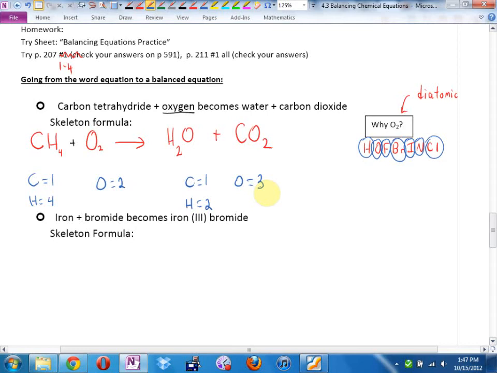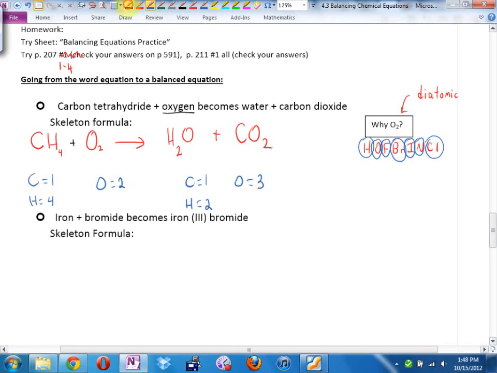Which one, hydrogen or oxygen, am I going to want to start with? Well, according to the textbook, they suggest if you notice that one of your elements appears in more than one compound, leave it for later because balancing the other stuff might just take care of it. So let's try balancing hydrogen first. How many hydrogens are on the left-hand side right now? How many do I have on the right-hand side? How many would I like to have on the right-hand side? 4. How can I do that?